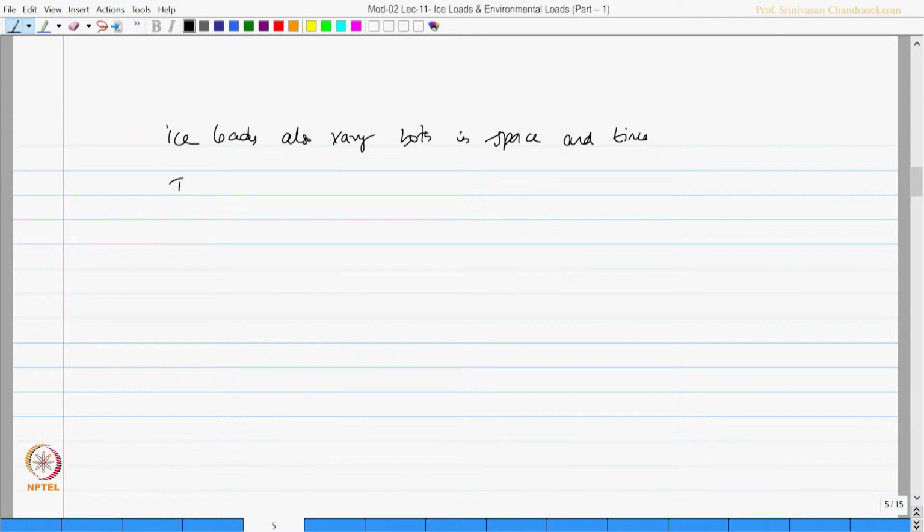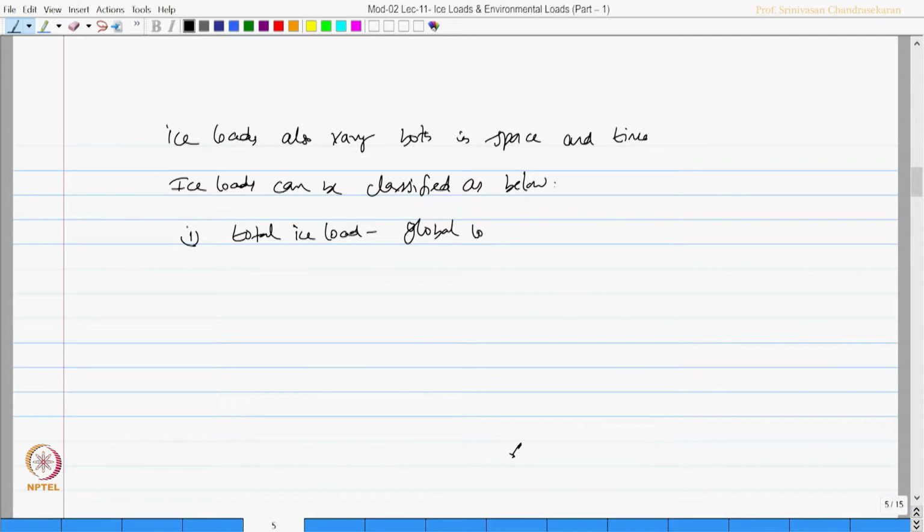So, ice loads can be classified as below. 1, total ice load, otherwise called as global load. 2, local load, otherwise called as pressure.